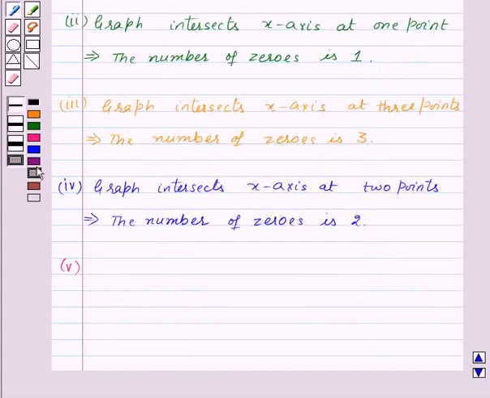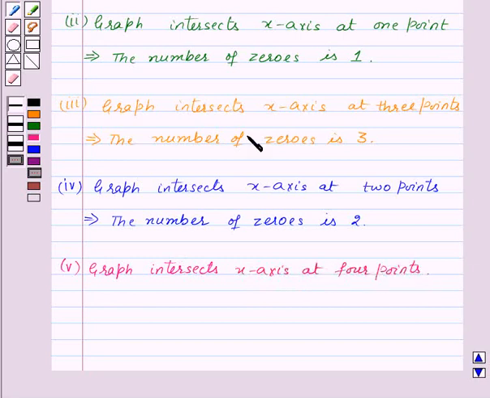So we'll write graph intersects x-axis at 4 points. This implies the number of zeros is 4.